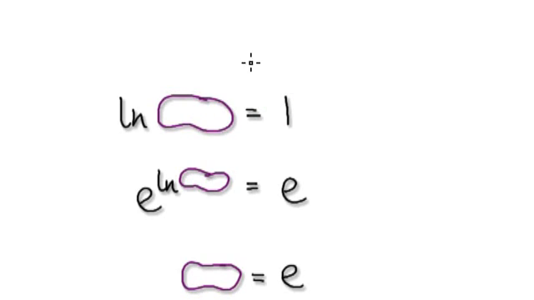If you can search for something that when you log it gives you 1, then you can just exponentiate both sides. These should cancel out, giving you the bubble equals e to the power of 1, which is just e. So if you want to find a way of finding out e, search for something that when you log it, it gives you 1.